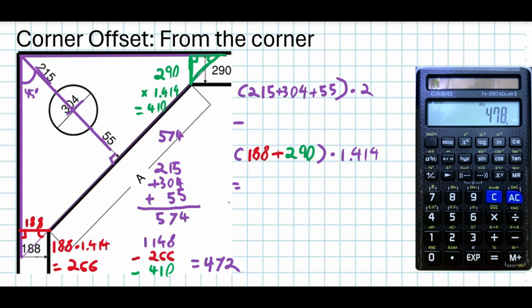So I have a total length of the outside of our triangle, our runs or offsets, of 478 times 1.414 equals. So that gives me a final answer of 472, which matches our previous answer.